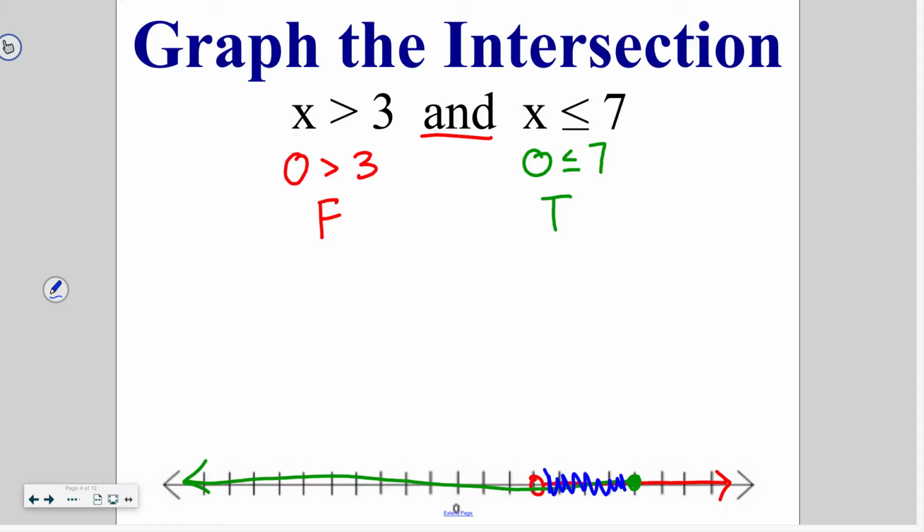But you need to somehow indicate that this overlap part is what you are actually concerned about for your answer. The rest of it, this part over here and over here, only works for one of the two inequalities. We need it to work for both, so that "and" part, the overlap, is the blue.